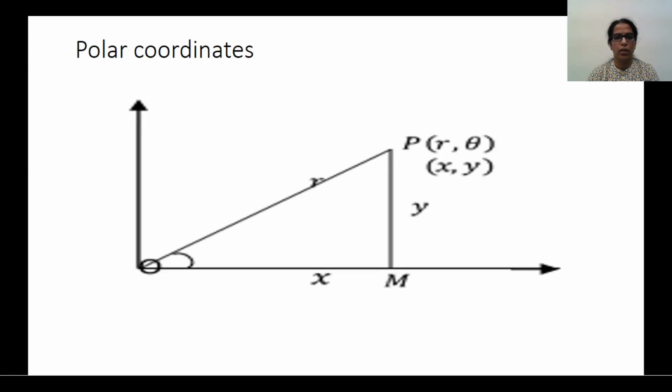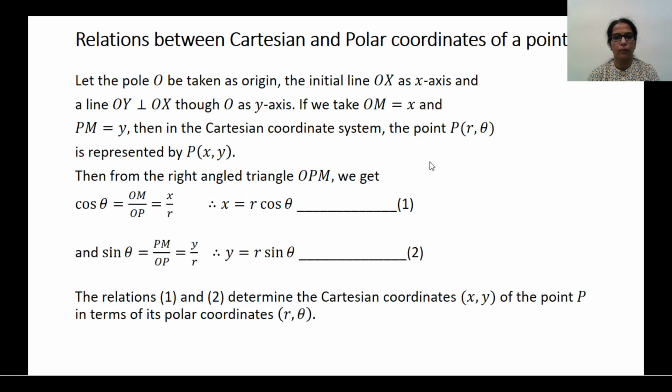Observe here, OM equal to x and PM equal to y. Then in the Cartesian coordinate system, the point P of r comma theta is represented by P of x comma y. Then from the right angle triangle OPM, we get cos theta is nothing but OM divided by OP.